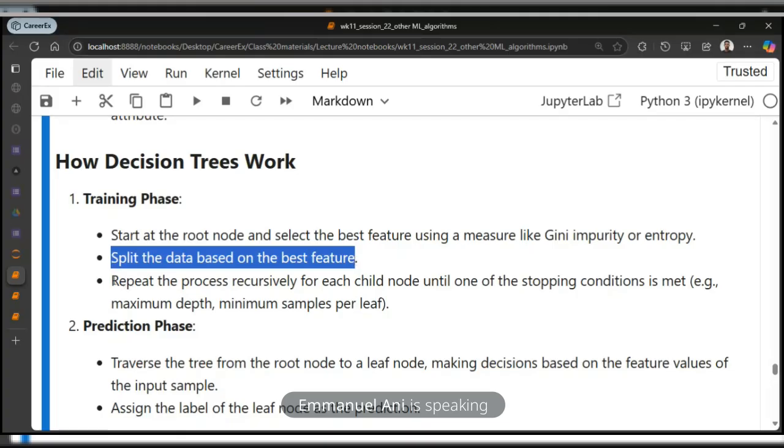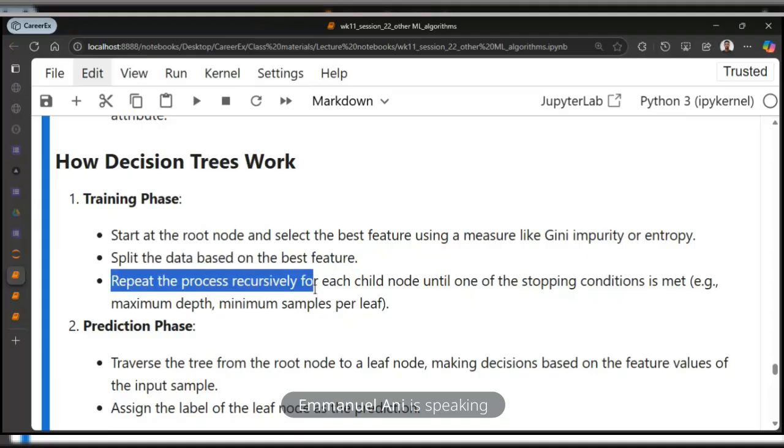That same process will be repeated recursively for each node. You exclude the feature that you've split, bring in all the other features, calculate the impurity, select the best one and split it, until you get to a point where you can't split again.